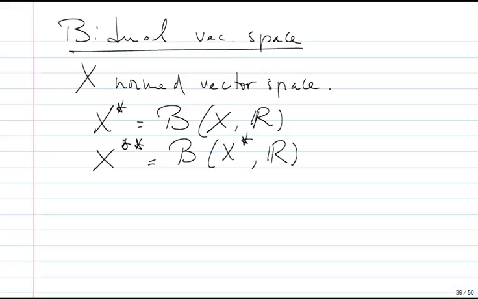The duals are always Banach spaces because R is complete.